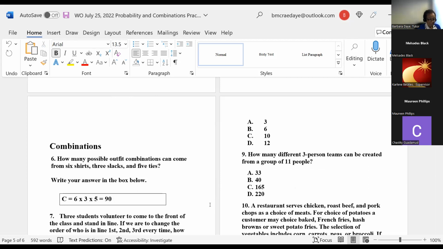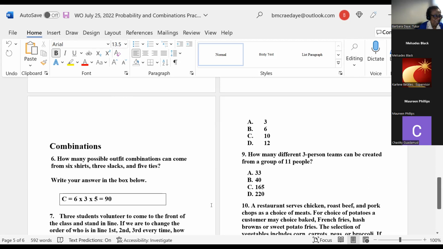If I divide 90 by 3, I get 30 each. I'm saying you have only 3 slacks, right?